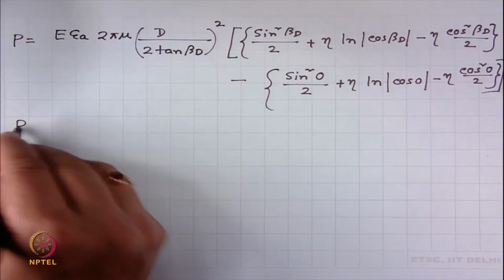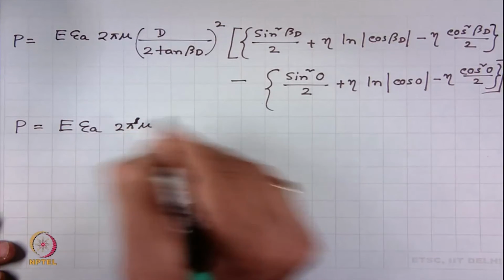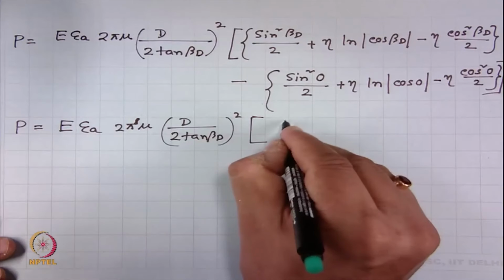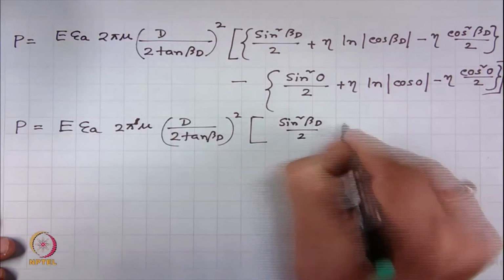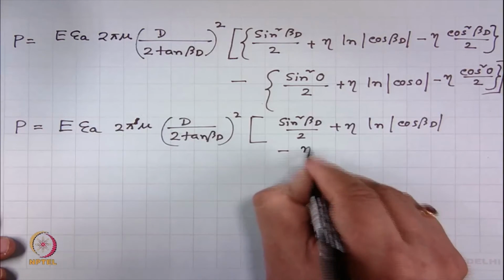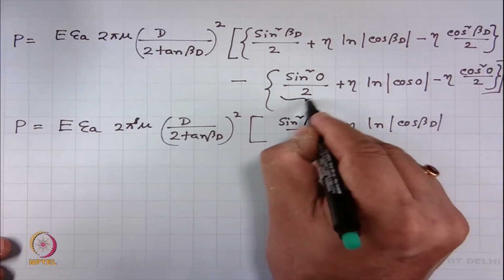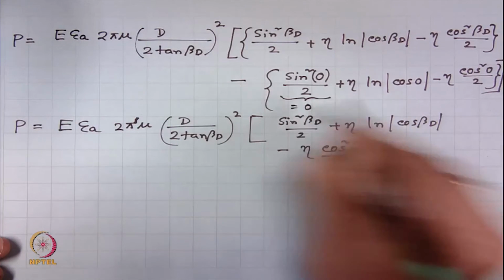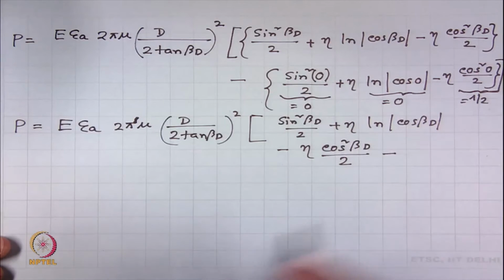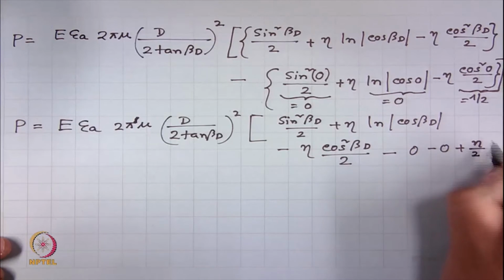Let us see what it becomes. The second part: sin square 0 is equal to 0, ln cos 0 is equal to 0, and cos square 0 by 2 is equal to half. So, 0 minus 0 plus eta by 2.